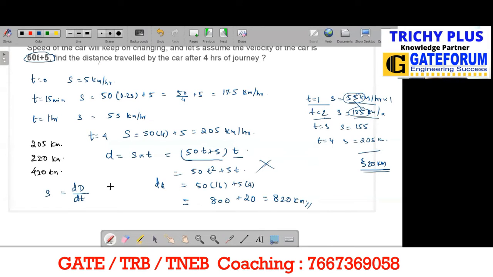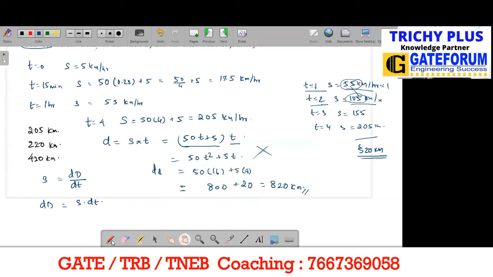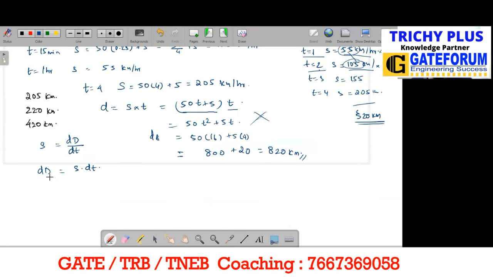Okay, fine. So I am interested in distance, so I am putting dd here and s into dt. So I am interested in removing this derivative term. So to find the d part, what we usually do is integration, right? So integration of s into dt.